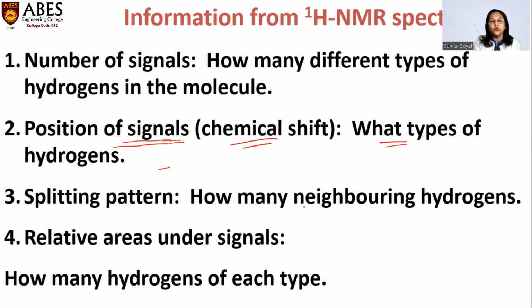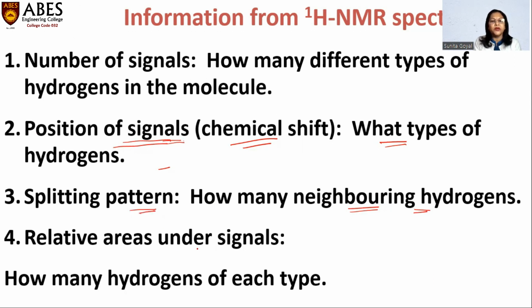Then we can know about the neighboring protons, what type of hydrogens are in the neighborhood of that particular proton, by studying the splitting pattern of the signals.